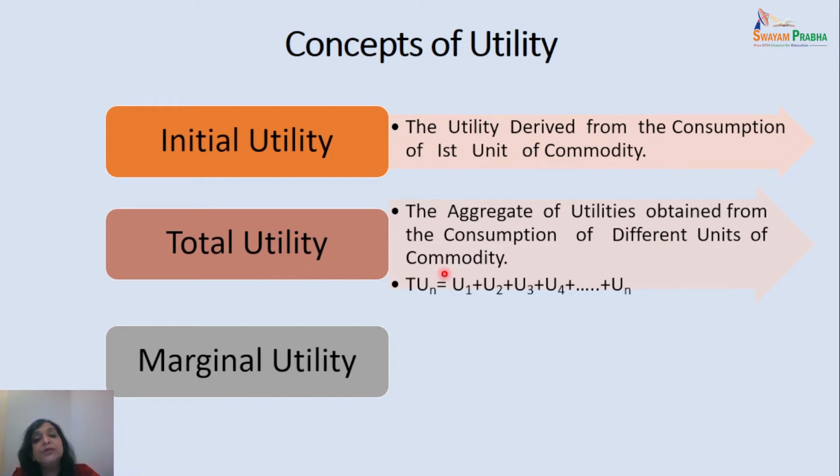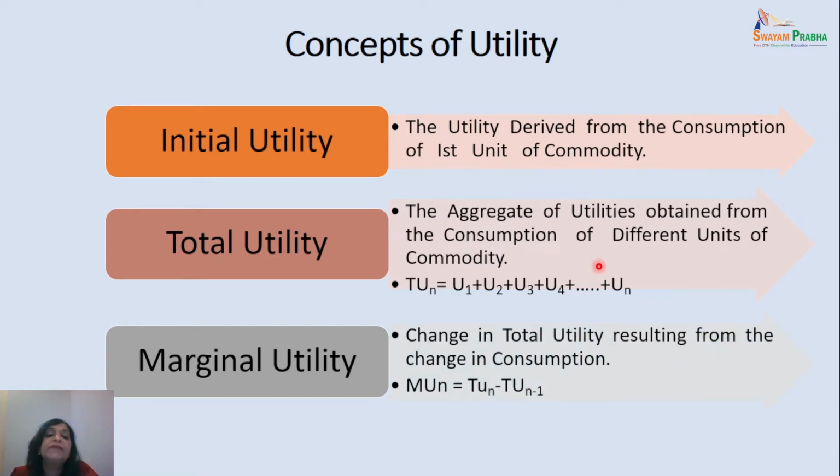It is the sum total of all the utilities which you got by consumption of various units of that particular commodity. So if you are consuming n units, we will say the total utility of n units is equal to u1 plus u2 plus u3 plus u4 and so on till un. So it is the aggregate of utilities obtained from consumption of different units of the commodity.